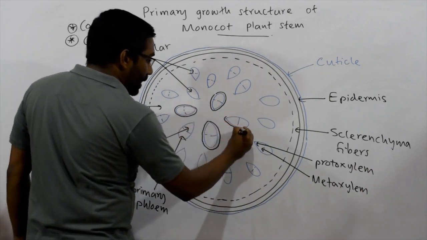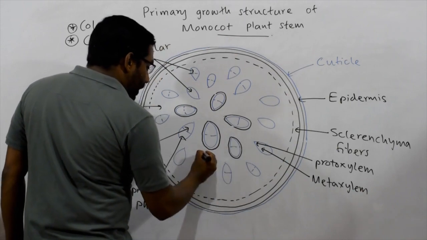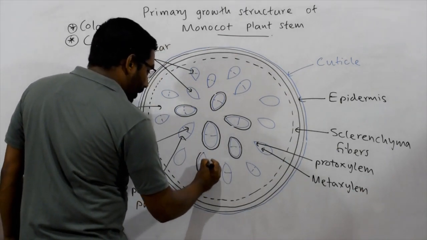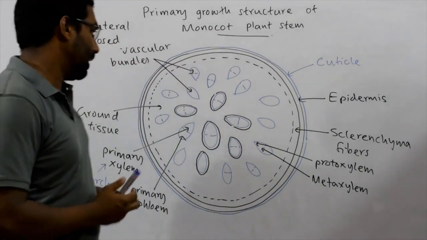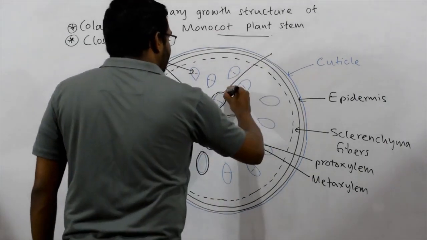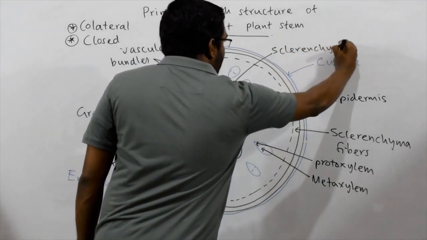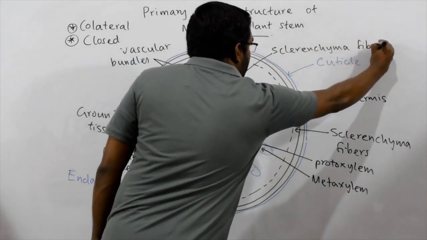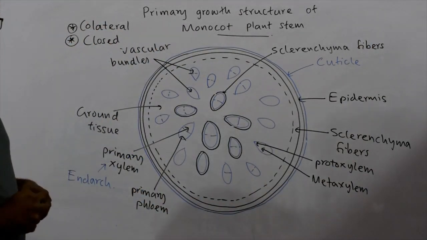You can observe each vascular bundle is surrounded by a sclerenchyma fiber layer, somewhat like a bundle sheath, a sclerenchyma bundle sheath. So these are sclerenchyma fibers. It is not a sclerenchyma cap. We can simply term it sclerenchyma fibers.